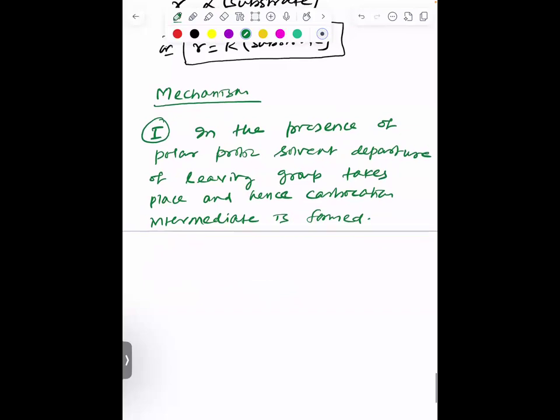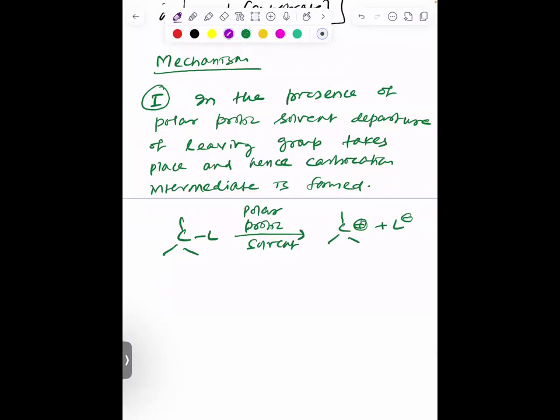Like suppose we are taking this with polar protic solvent, plus leaving group. Second, whichever carbocation intermediate is formed, okay.